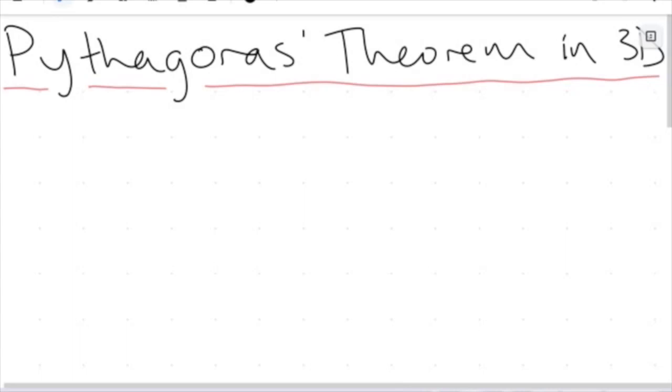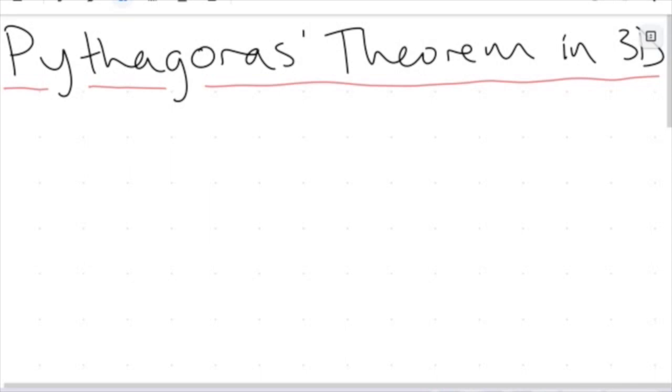We've talked quite a bit now about Pythagoras' theorem, but a lot of the examples we've been looking at, we have mainly tried to look at in 2D, so on a flat plane of space. We haven't yet looked at some of the really cool applications Pythagoras' theorem has when we look at something in the third dimension.